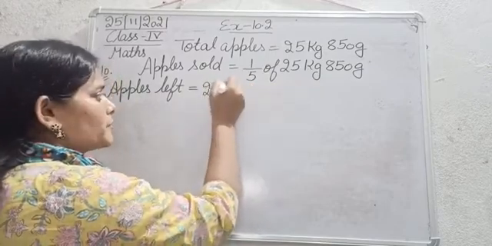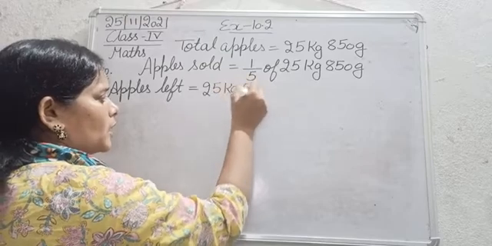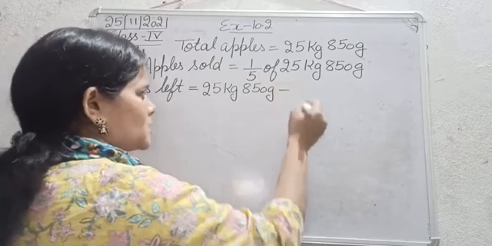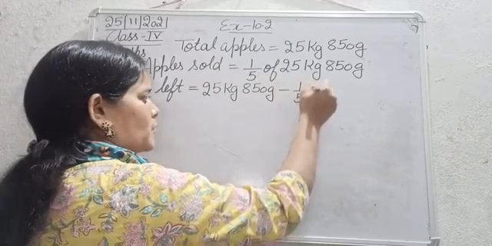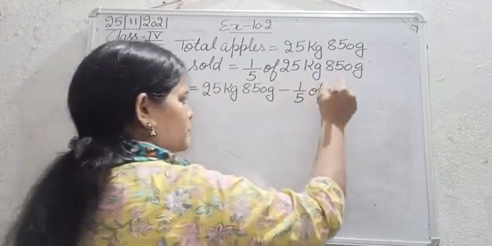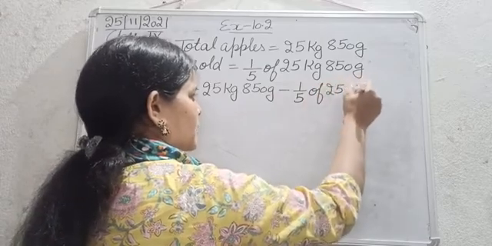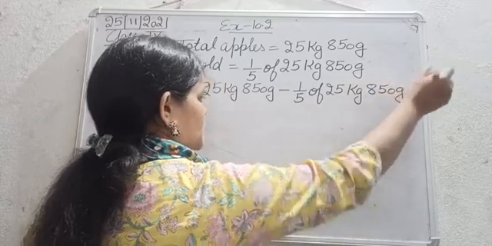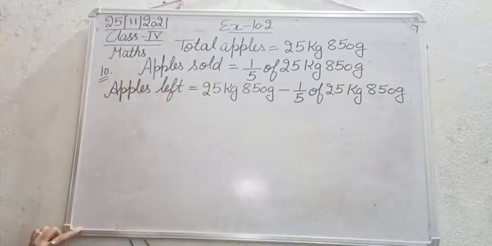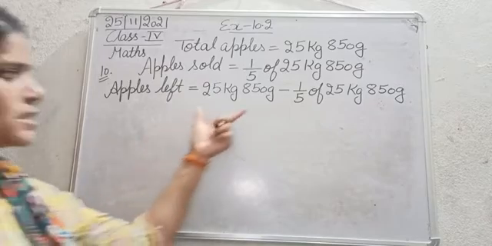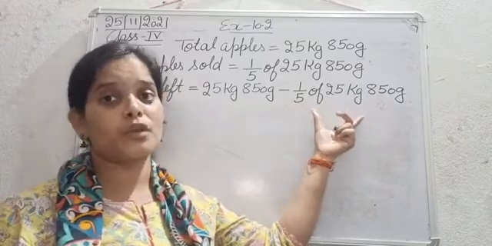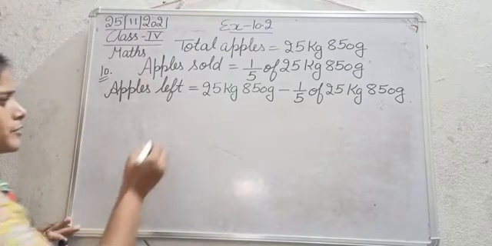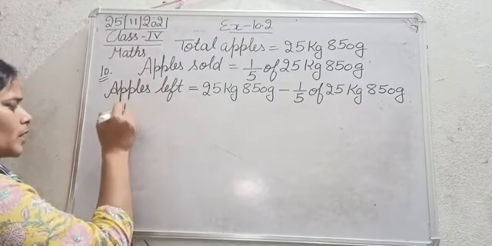So 25 kg 850 gram minus 1/5 of 25 kg 850 gram. Okay, so that means from this we have to subtract this. So first of all we are going to find out 1/5 of 25 kg 850 gram. So how much is 1/5?